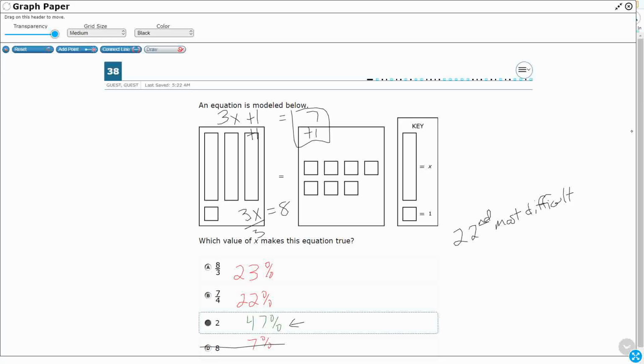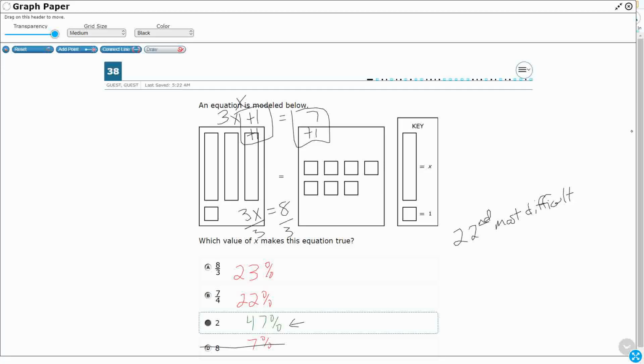And then you just divide by 3 and you get this 8/3. So this student at least tried to set it up correctly. Any students that got this would need extra help with how to solve for x, using the properties of equations and adding 1 to both sides. See, here's the problem. That's not going to work right there. Adding 1 to 1 is going to get you a 2. It's not going to eliminate that 1.